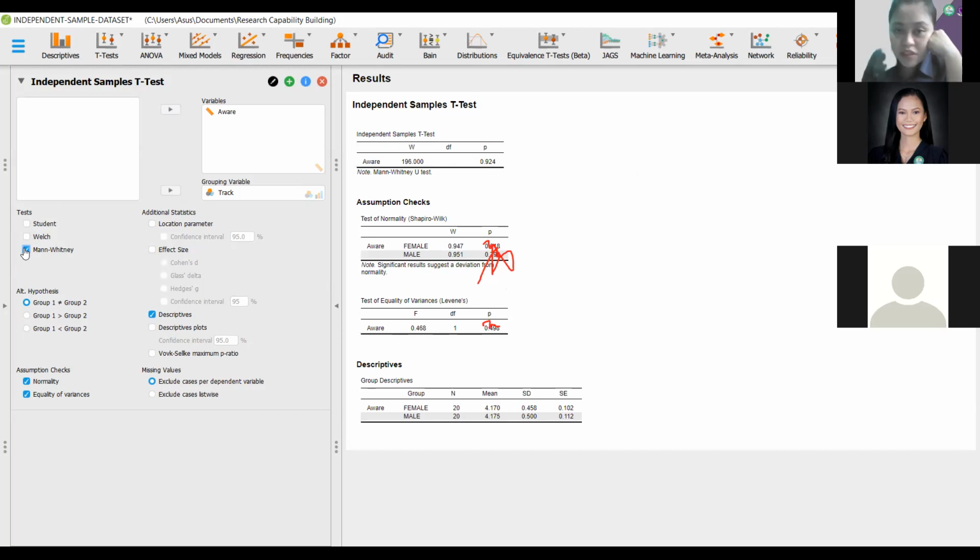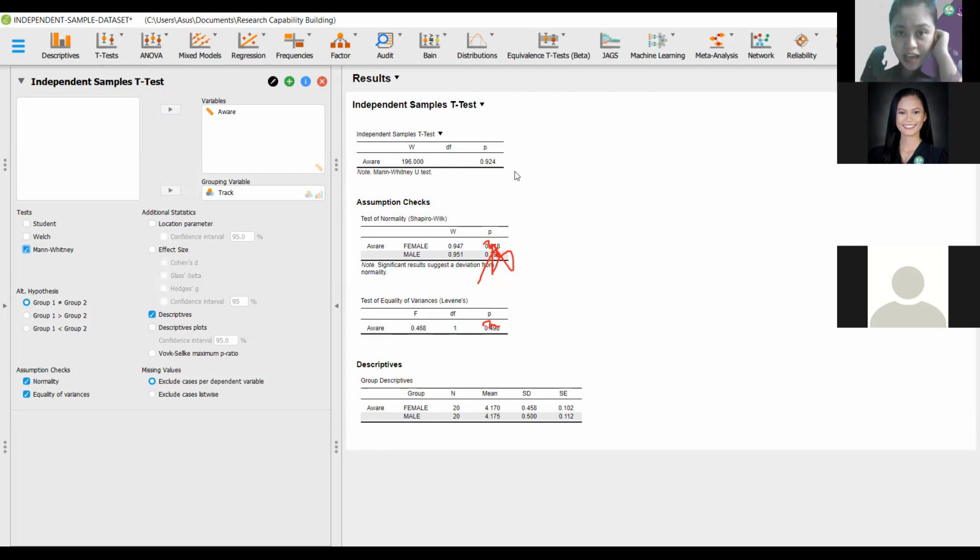Ganun lang ang gagawin. Palitan mo lang siya kapag hindi na-satisfy yung mga assumptions na yan. Instead of the student t-test, papalitan mo siya here on the left side ng Mann-Whitney test. So, ang nakalagay na dyan, Mann-Whitney U-test.